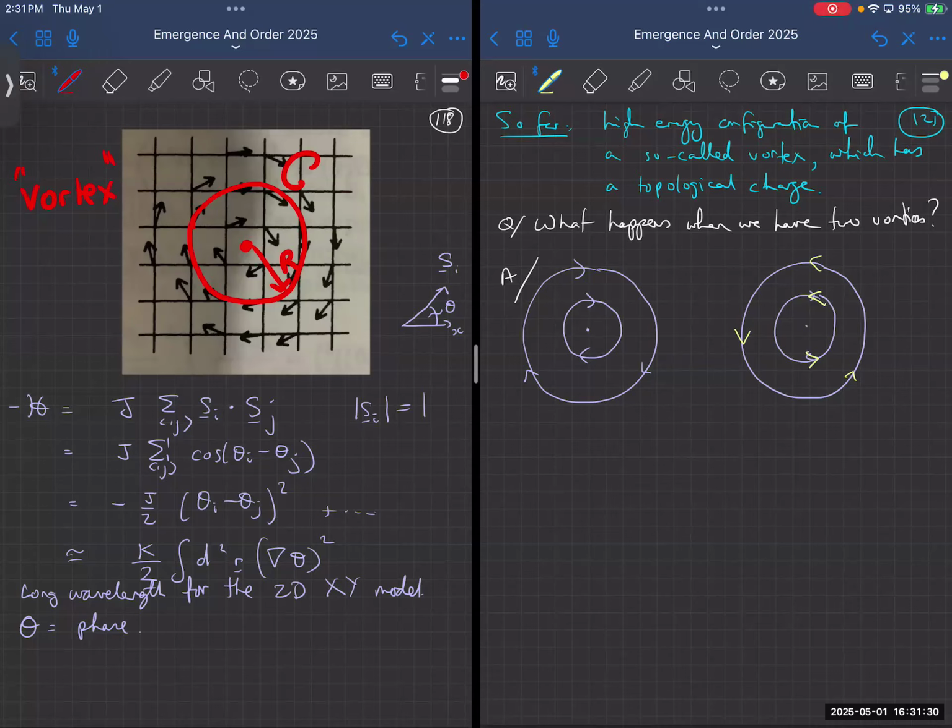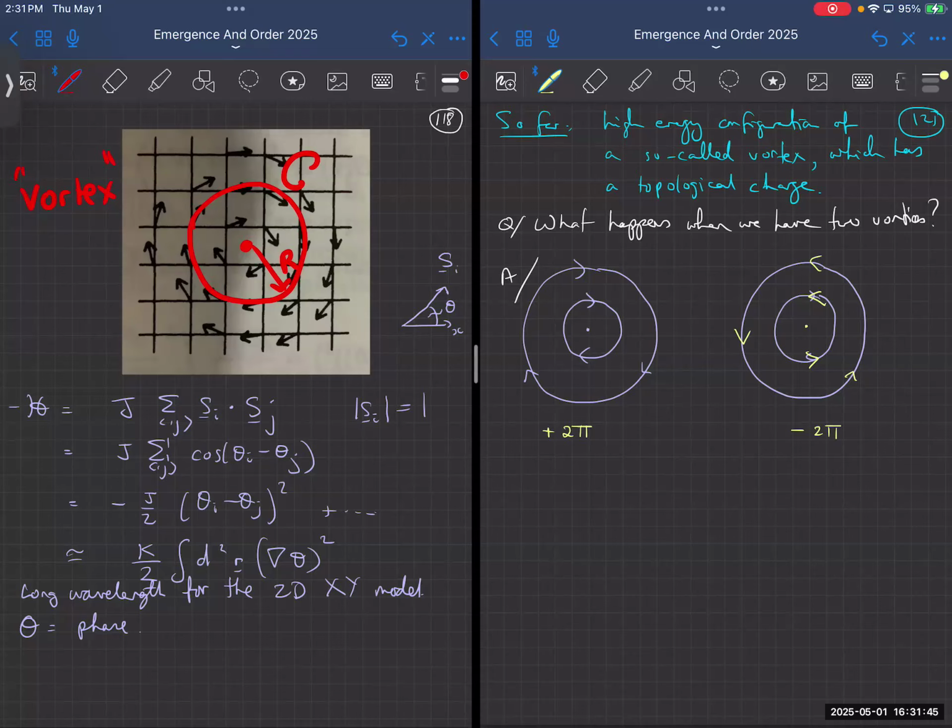Like so. So this vortex, if I do the line integral, I get a plus 2 pi. This one, if I do the line integral, you can see it goes the opposite direction. I get minus 2 pi.